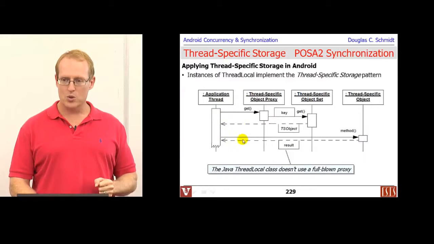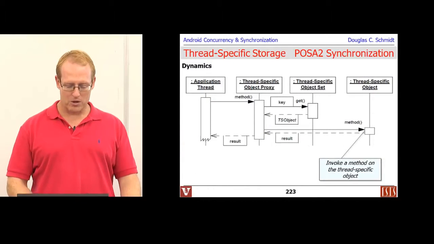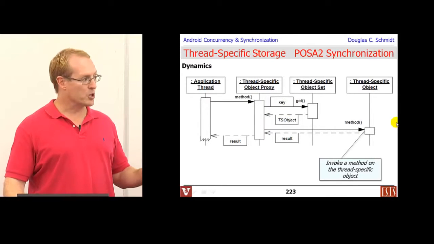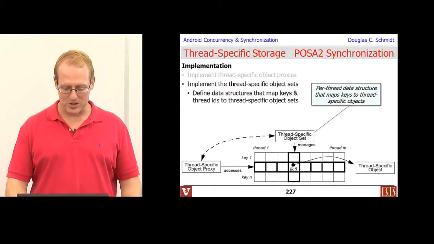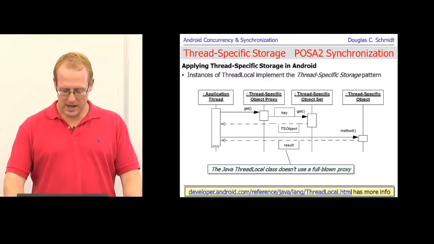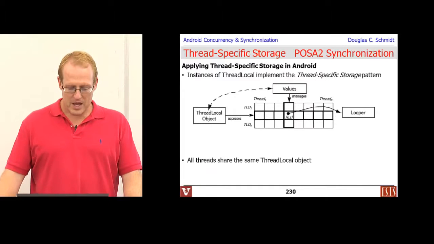So notice you have to do 2 calls here in the Java model, whereas in the full-blown pattern, all you have to do is make 1 method call. It gets the thing for you and then delegates it automatically. I will show you how to implement that in just a second, just so you'll know. All right, so that's one part of it. And if you take a look at the thread local header file, you'll learn more about that.